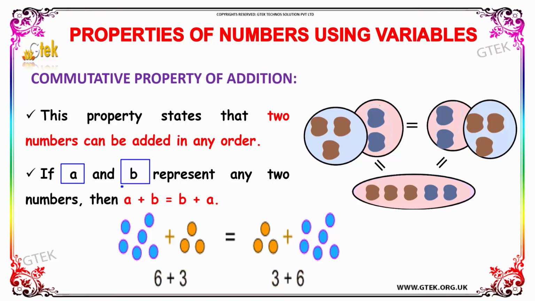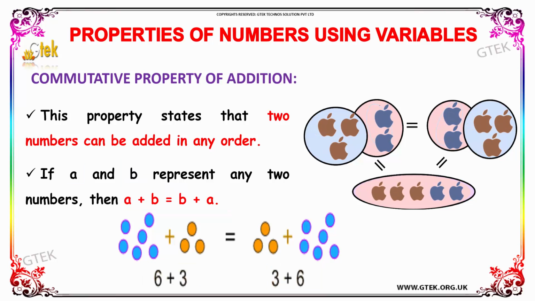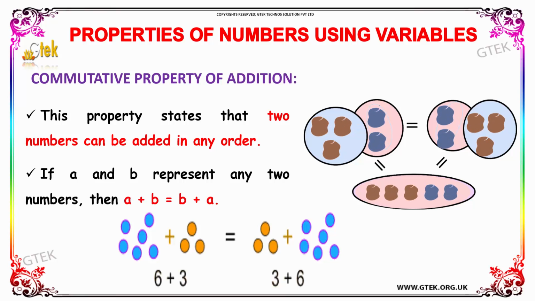So the property is as follows: A plus B equals B plus A. For example, 6 plus 3 equals 3 plus 6. It's a kind of vice versa concept. So this is all about the commutative property of addition.